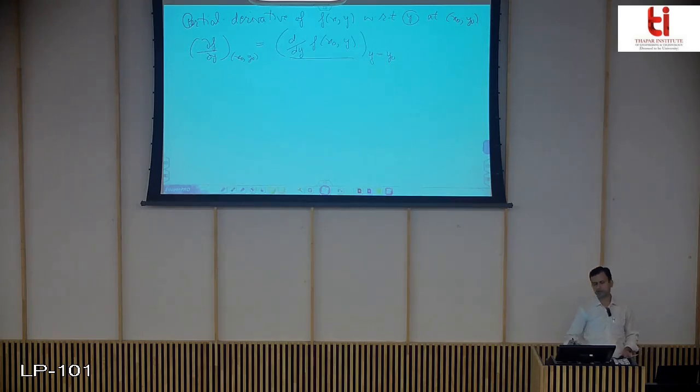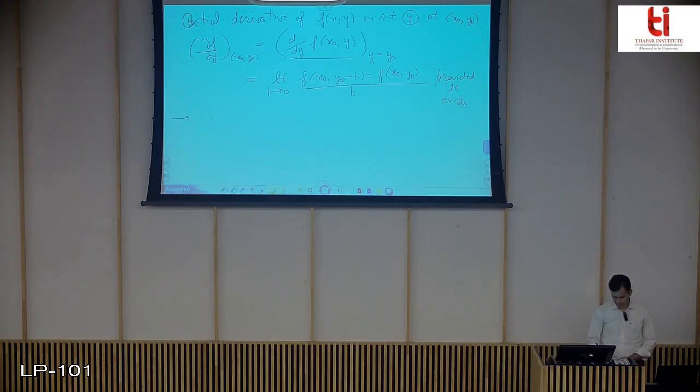So you can simply say that the partial derivative of f with respect to y is the ordinary derivative of f(x naught, y), because you keep x constant, or if you put x equals x naught, it is not going to affect the answer. And in terms of limit, it is given as the limit as h tends to 0 of f(x naught, y naught plus h) minus f(x naught, y naught) upon h, provided the limit exists.